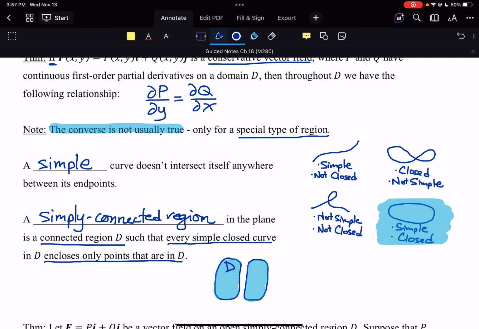If these are the region D, so both of these, this region would not be connected, because even though I can draw a point here and a point here, and create a path between them, I can't do that between these 2 points, right? I would have to leave the region in order to connect them. So this region is not connected.